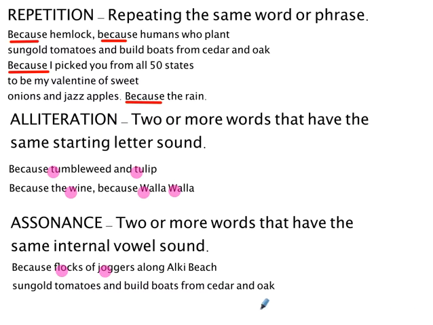That's assonance. Sungold tomatoes build boats from cedar and oak, right? That is also assonance, that O sound, boats and oak. All 3 of these are types of sound devices the author used to create a sound in their poem, but also to change the meaning of their poem.